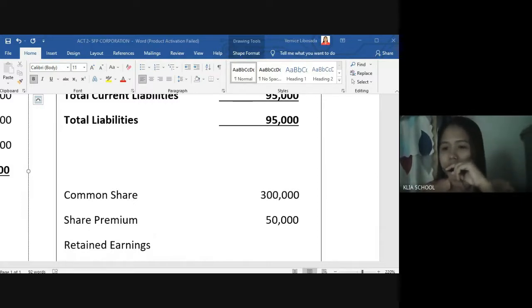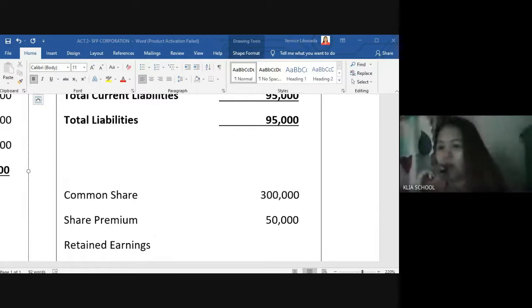Anyone? Lahat kayo natawag ko na, no? Kuha na idea how to compute the retained earnings? May nakuha ba kayo retained earnings, mga anak? O wala.